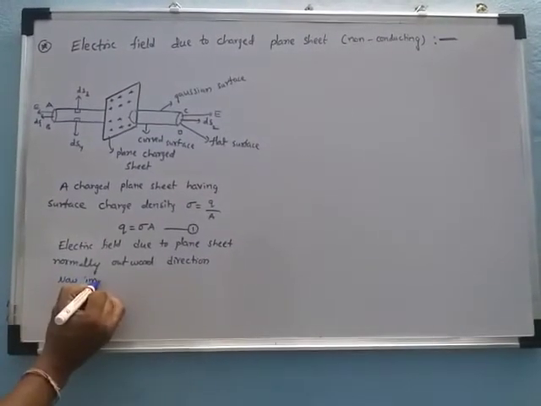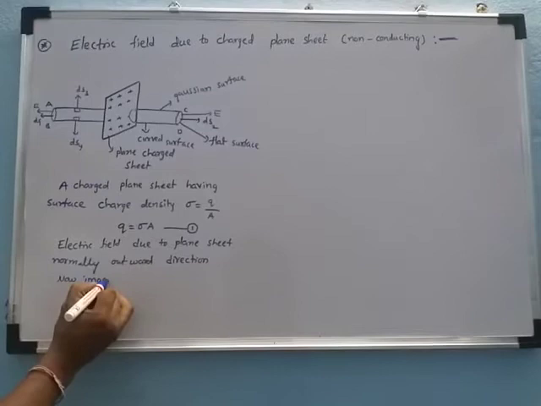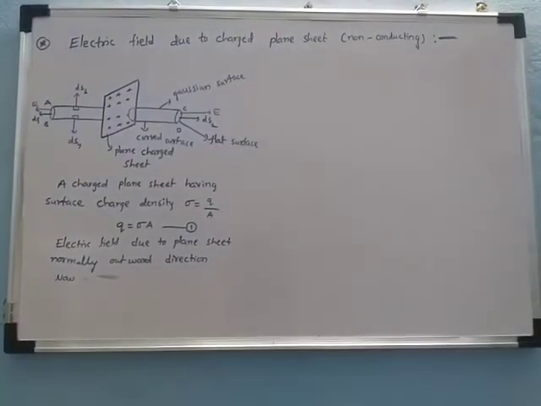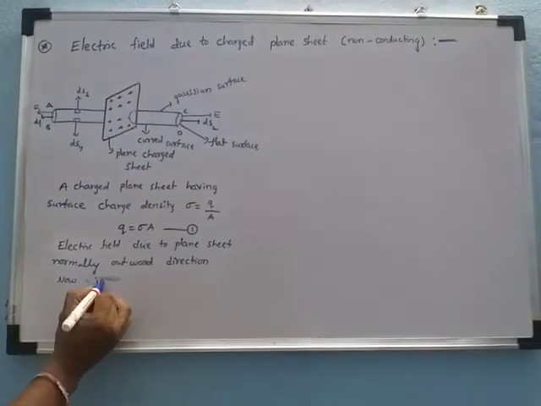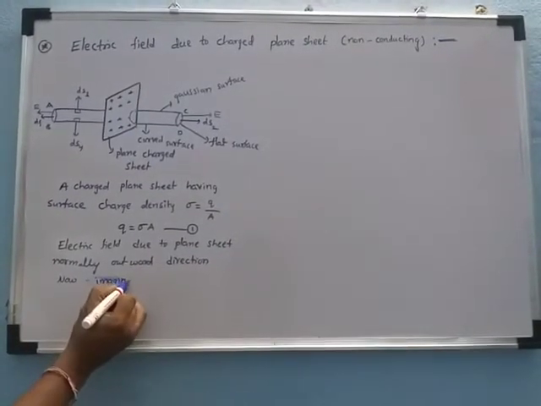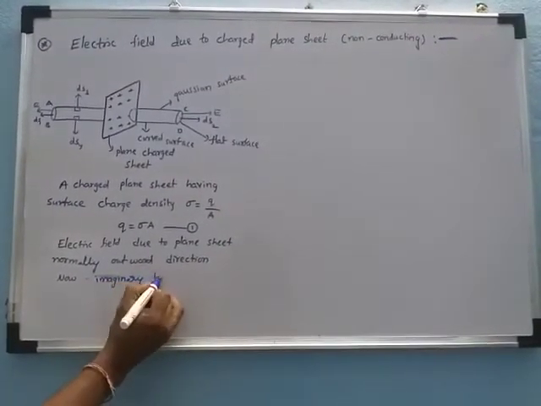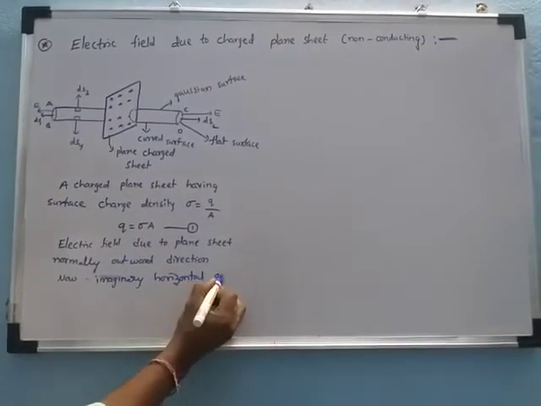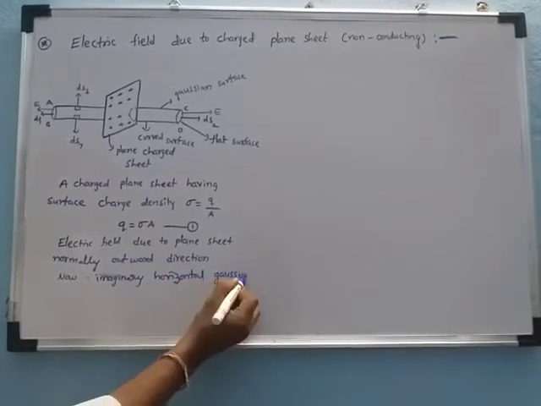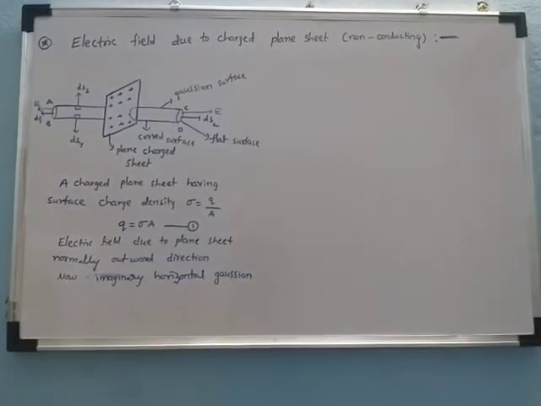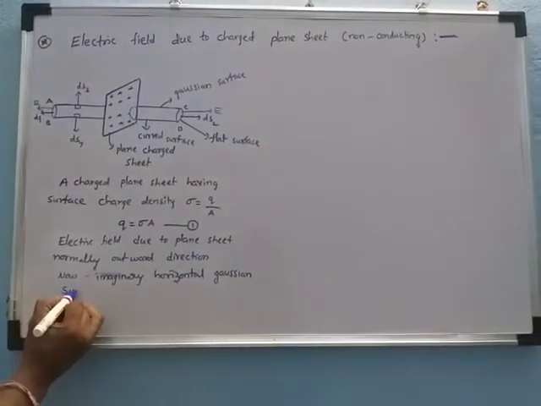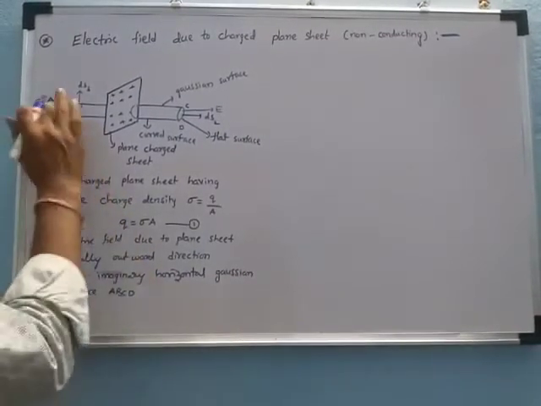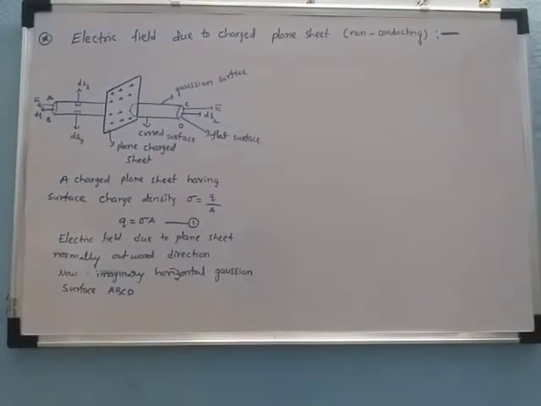Now the imaginary Gaussian surface ABCD is the Gaussian surface.